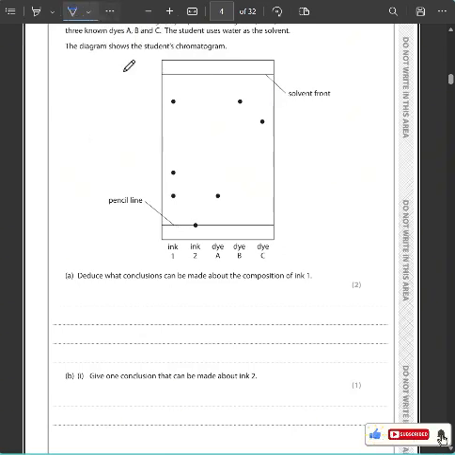Here, as we can see, it made one spot here, one here, and another one here.